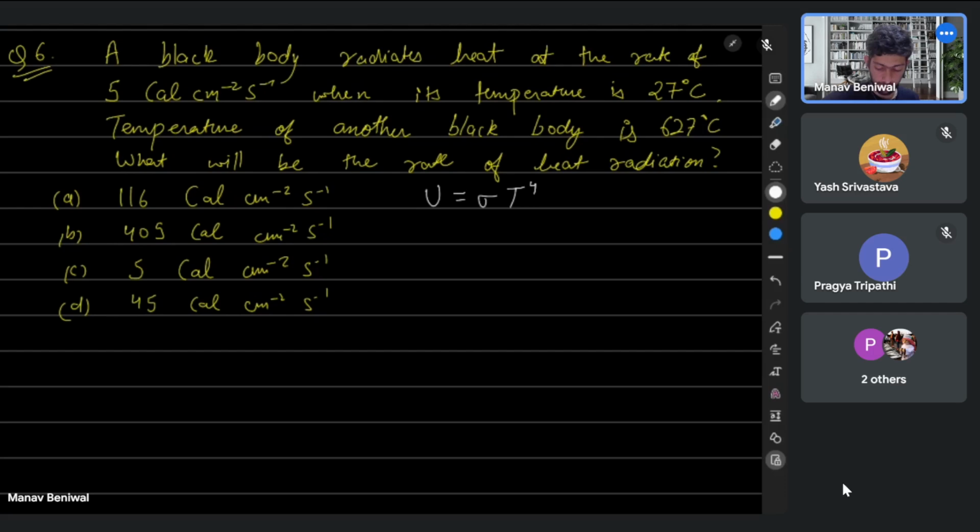Not Wien's displacement, that is lambda mT equals constant.